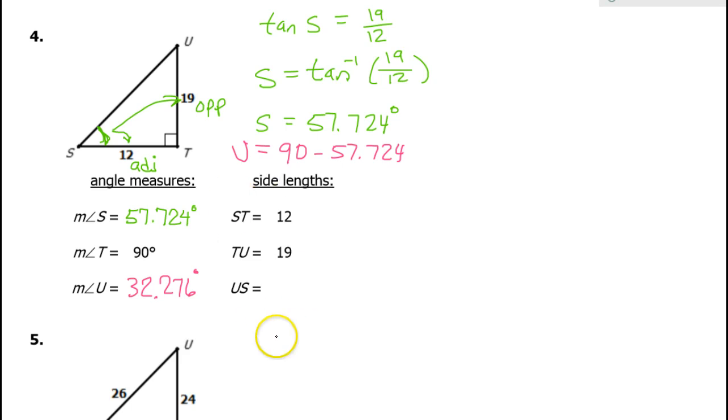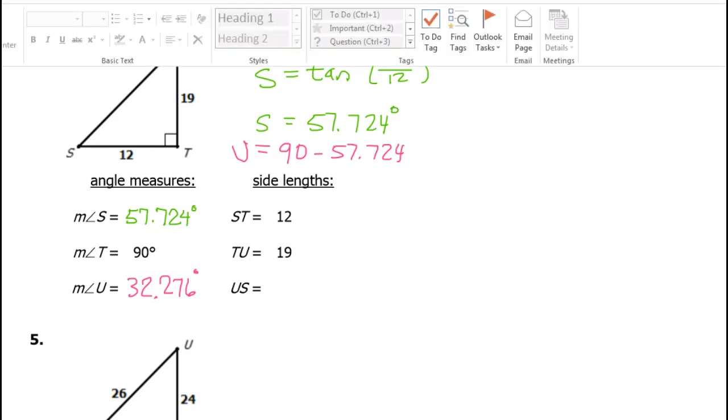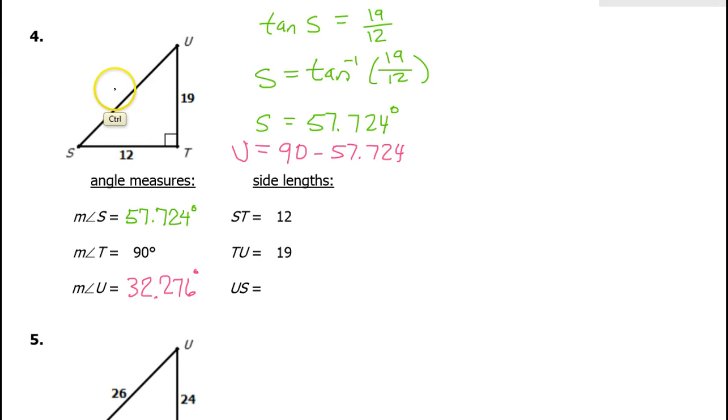So that just leaves side US. For side US, we should just do the Pythagorean theorem. If we have two sides of a right triangle, you can always find the third side by doing leg squared plus leg squared equals hypotenuse squared.